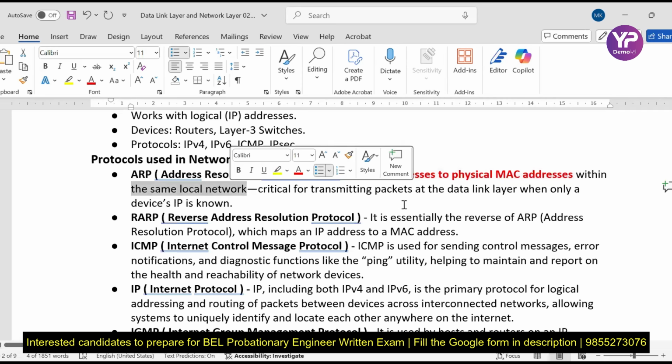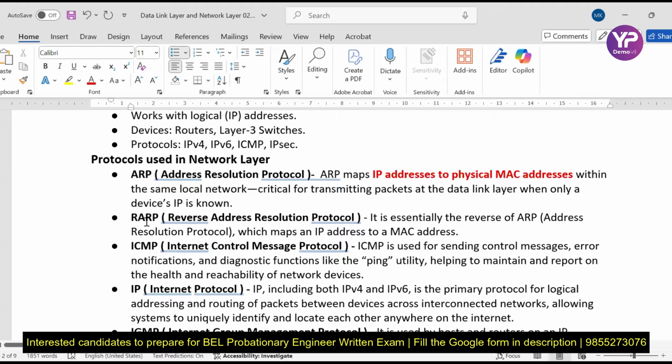It is critical for transmitting packets at the data link layer when a device only knows the IP. The main point to keep in mind is that ARP maps an IP address to the physical MAC address.